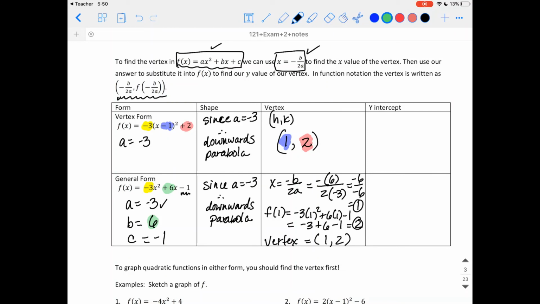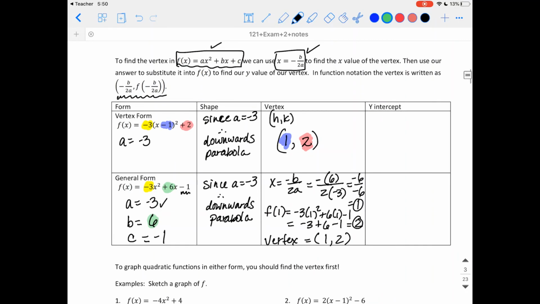So the y-intercept. Let's compare the y-intercept. The y-intercept is hard to see in the vertex form, but it's very easy to see in the general form. The y-intercept technically is where x is always 0. So in the function, wherever I see an x, I'm going to put a 0.